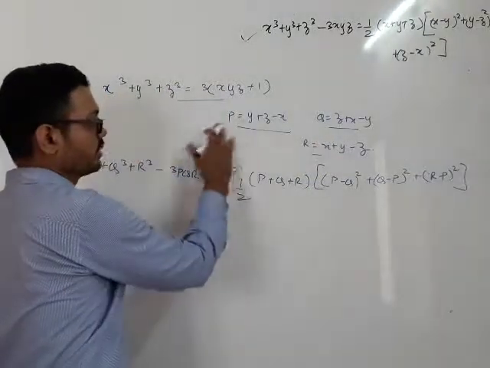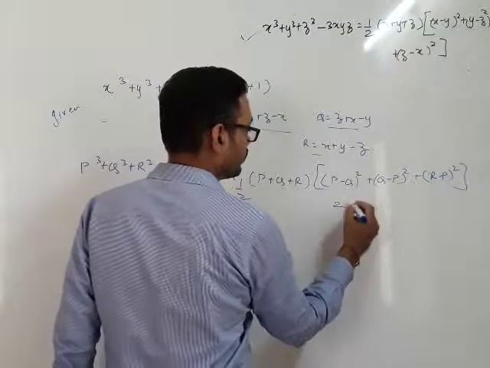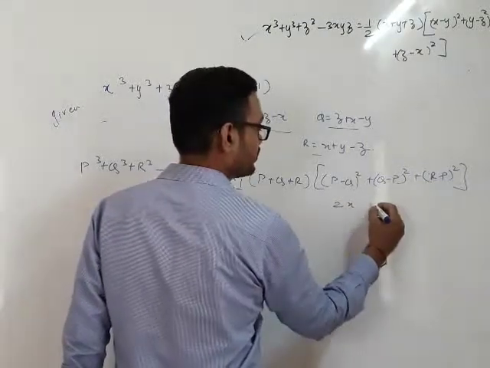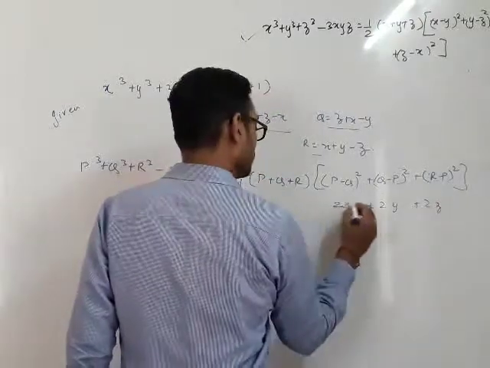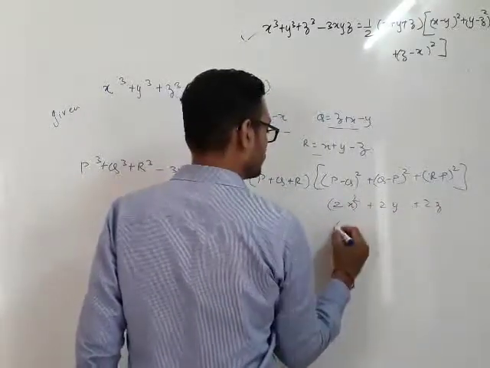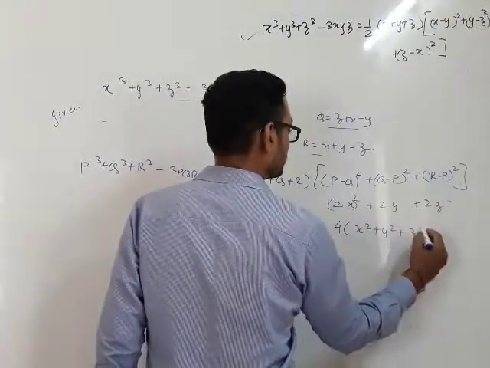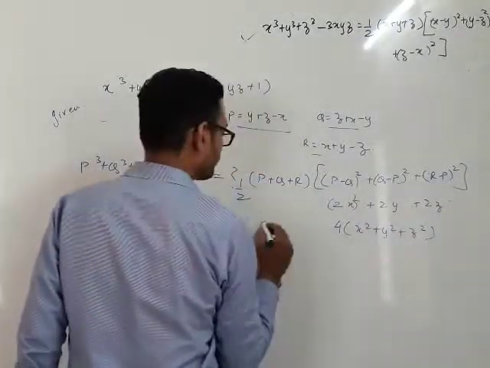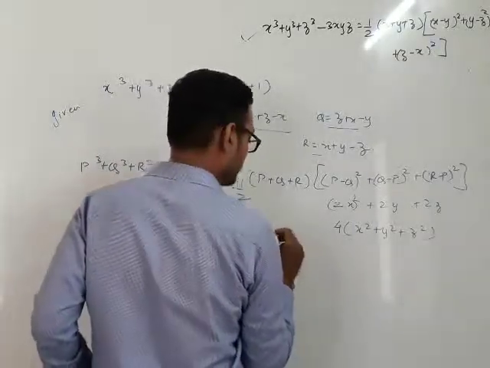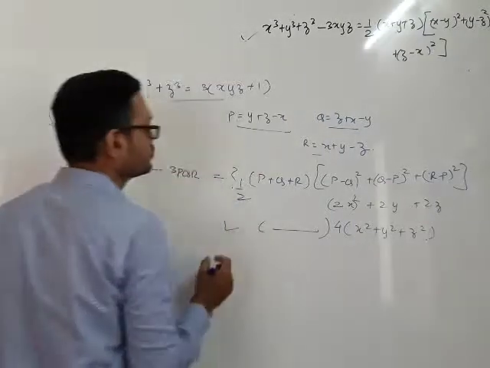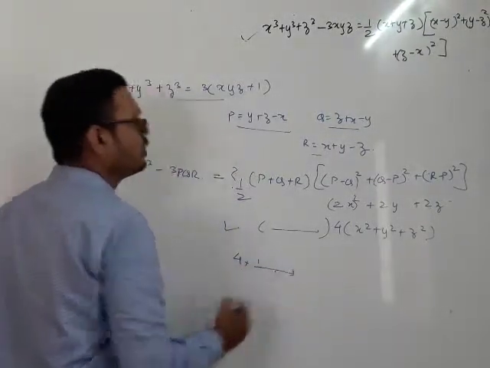Substitute the values. P minus Q, the moment you do, it will become twice of x, twice of y, twice of z, so square, which will be 4 times x square plus y square plus z square, and once you do P plus Q plus R, substitute the values.